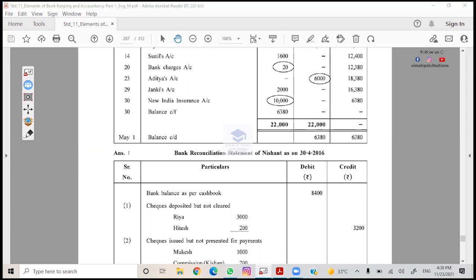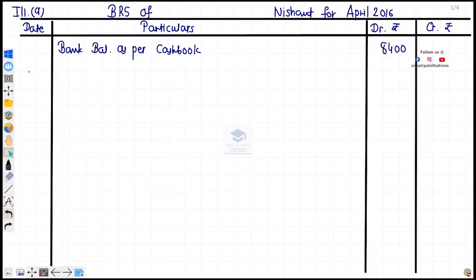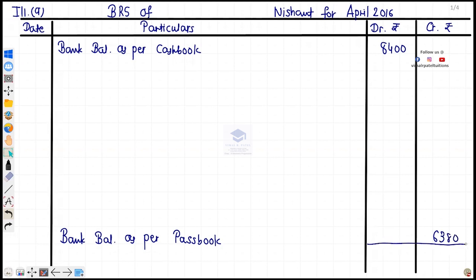So the answer is bank balance as per passbook. So in this type of sum, the total of both sides will be equal. Since we have already got the balance, you have to just match it.